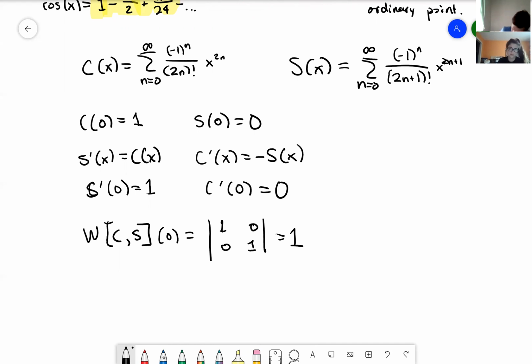We could go further and show that these have all the same properties as sine and cosine, and come to the conclusion that they're sine and cosine.